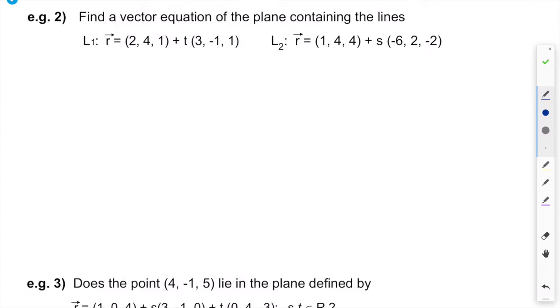But if you look at the direction vectors, 3, negative 1, 1, and negative 6, 2, negative 2, what I notice is that the second direction vector is actually negative 2 D1, meaning that we have 2 parallel lines given to us, which is not helpful for finding equations of planes, right? So we need to find a second direction vector.